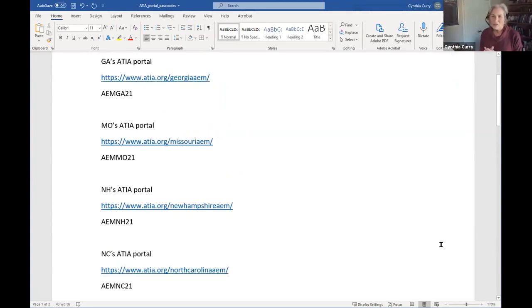These are also within your folders. Your AIM State Leadership Team has these as well, but we thought this would be a good opportunity to remind you. And for your access codes, it's AEM, your state abbreviation, followed by 21.